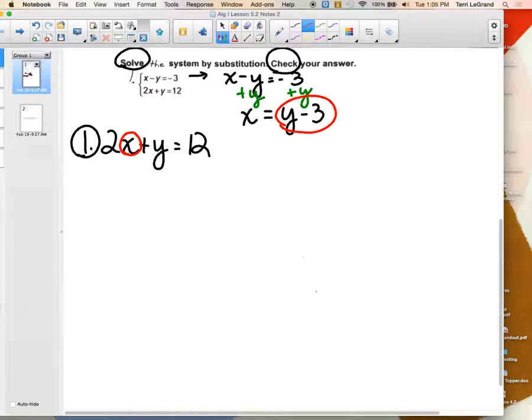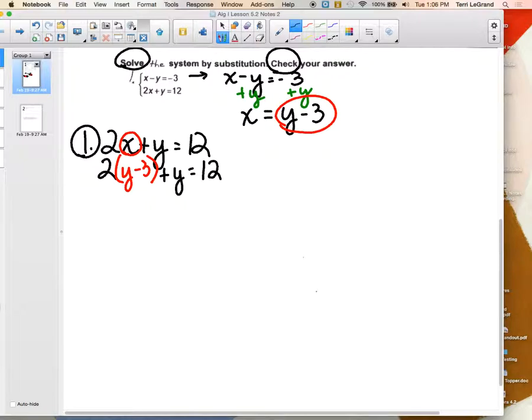So we're going to have 2 replaced by, that x is going to get replaced by y minus 3. And then we're going to bring along all the rest of the equation, plus y equals 12.